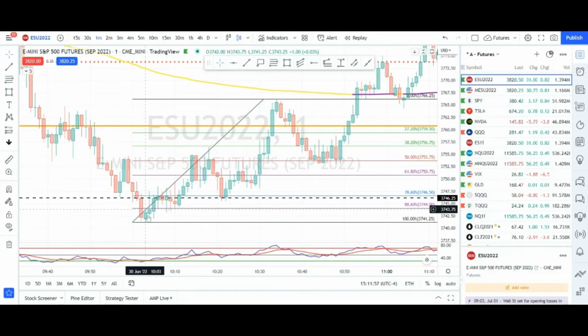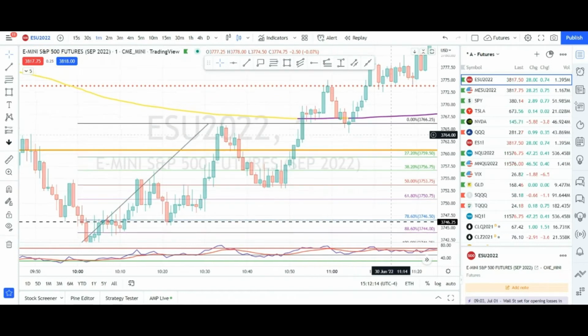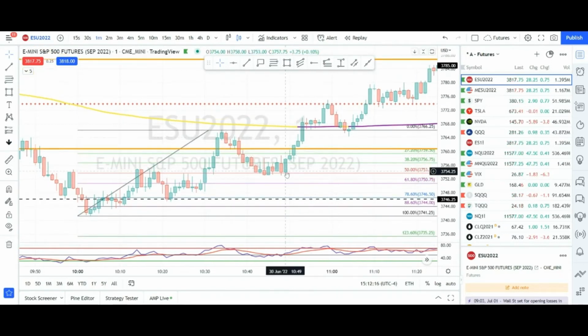Like it was coming down from here, until it didn't break the 50% or 61.8% area, it didn't react in the opposite direction. So this is the same for the bullish trend. If the trend is bullish and the price is not breaking 50 or 61.8, then there are more chances that the price will go in the same direction.